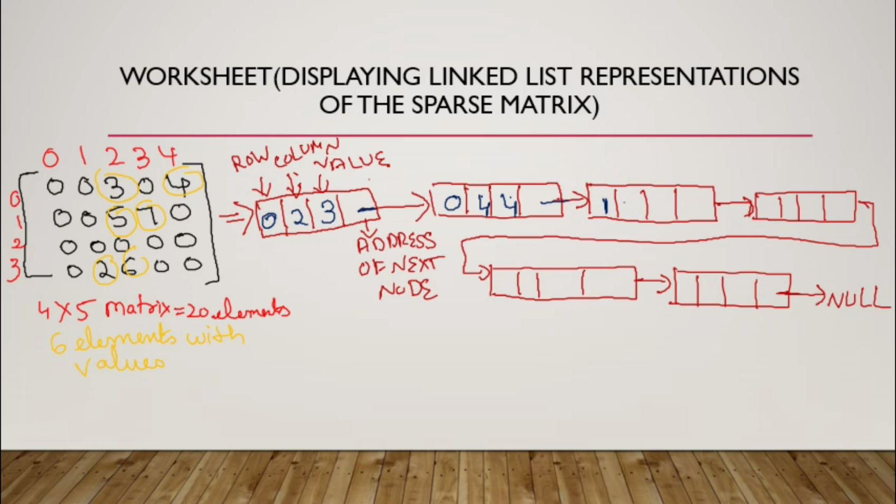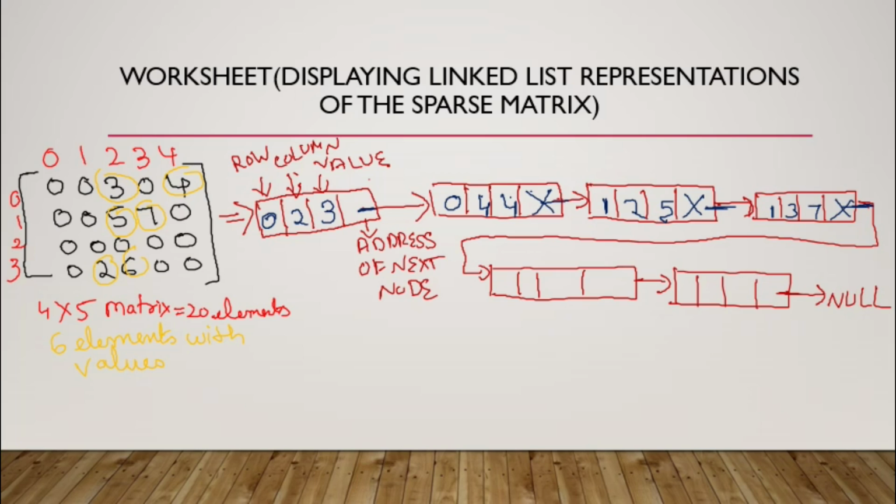First row, second column, you have the value 5, and once again the address of the next node. Next, first row, third column, you have 7. Let us represent the addresses by a cross here for the time being.